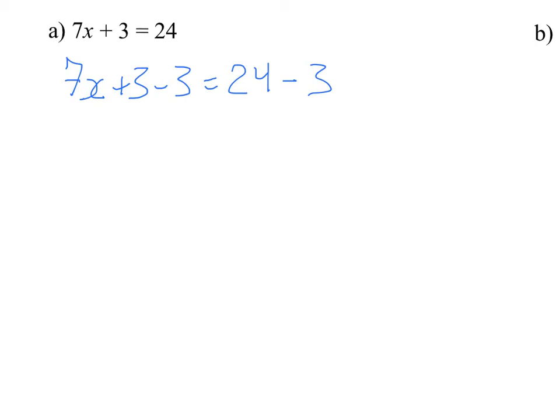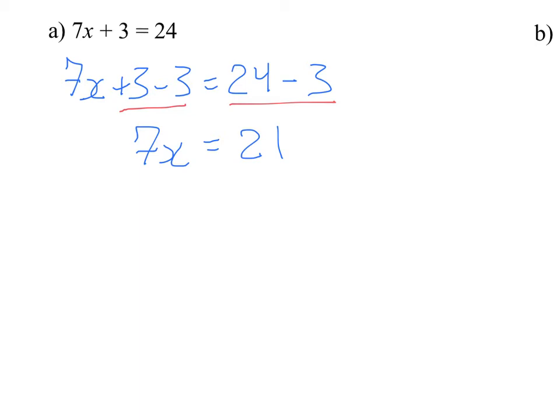Now we want to gather like terms, and we've got this section here where there are like terms, and this is like terms, so we can reduce those. Obviously this is going to result in eliminating the 3, and that's why we did it. So we end up with just 7x on this side is equal to 21 when we combine the right side.